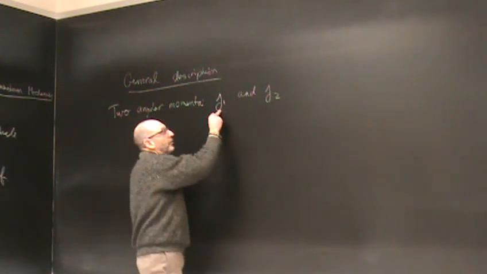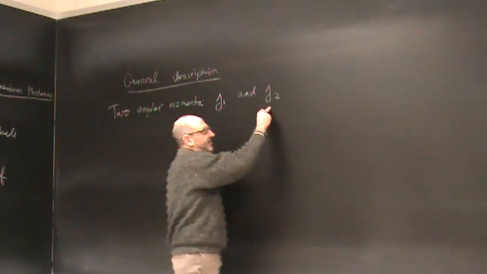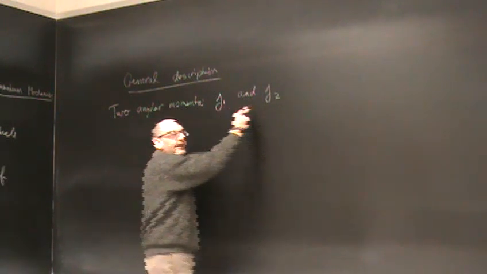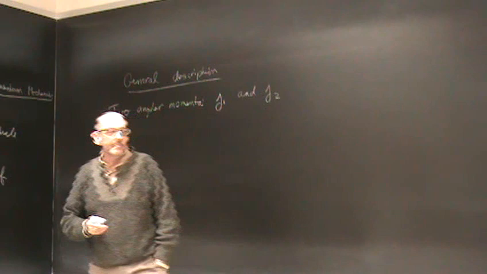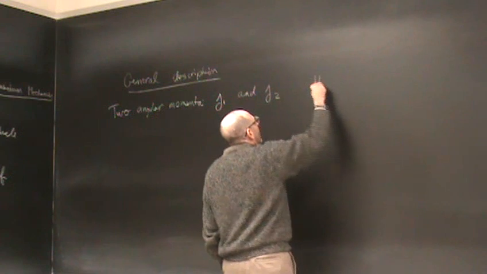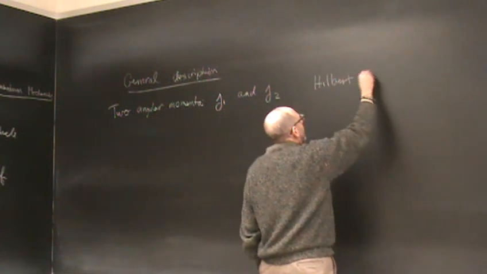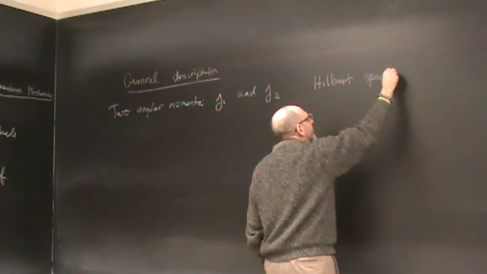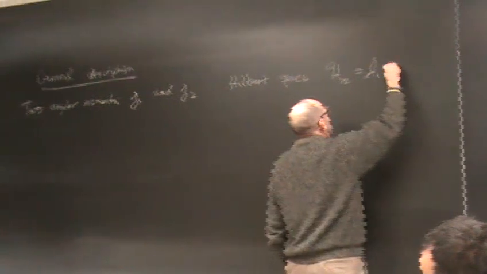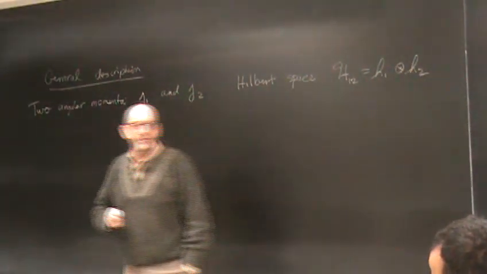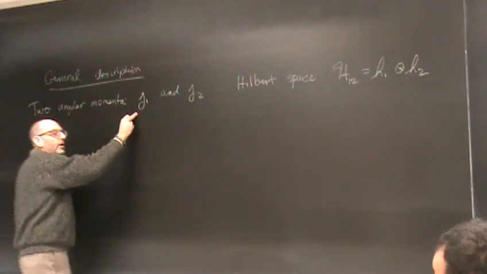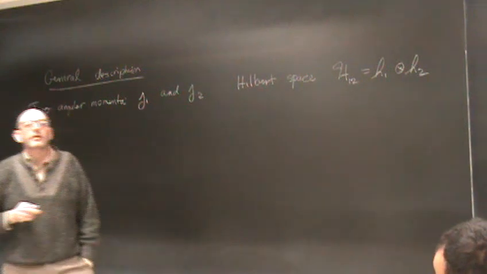J1 could be L and J2 S in the spin-orbit example, or this could be spin of particle 1 and this could be spin of particle 2. The Hilbert space in which this system lives is a tensor product of the two Hilbert spaces, one associated with angular momentum J1 and the other with angular momentum J2.